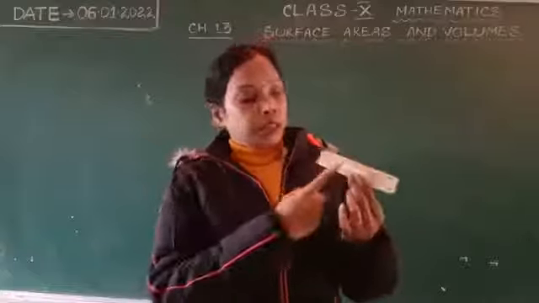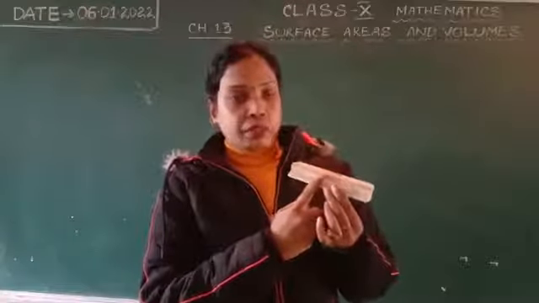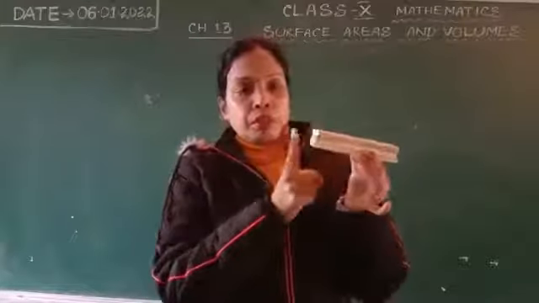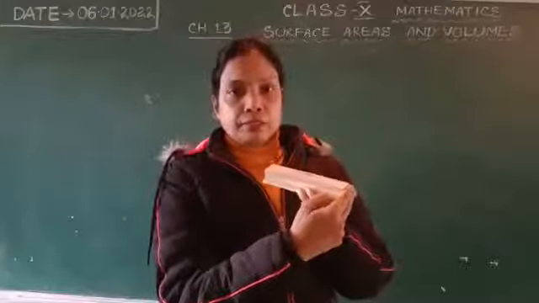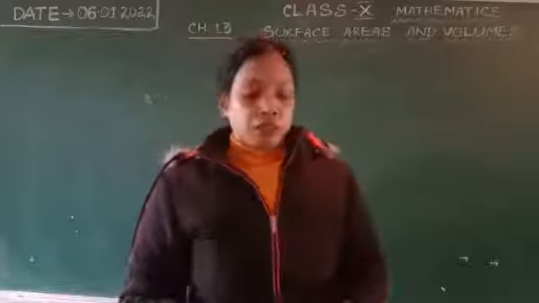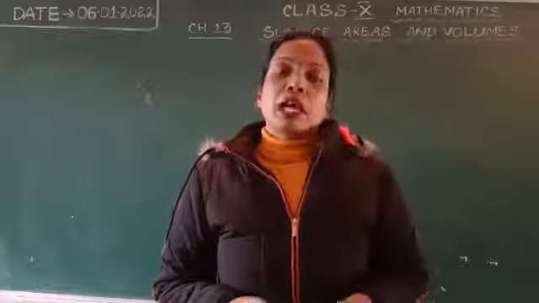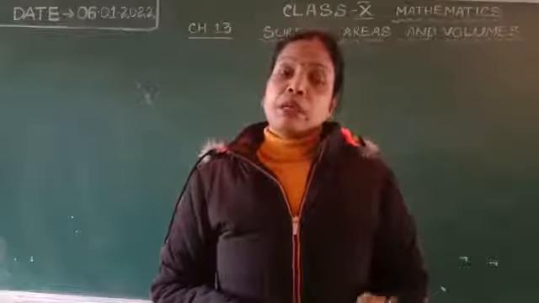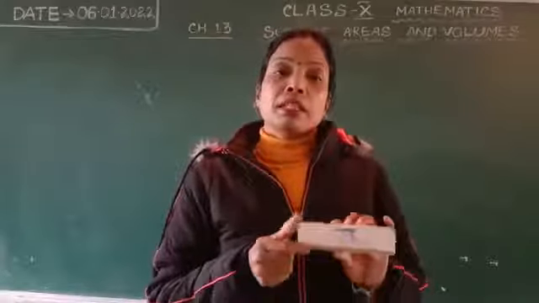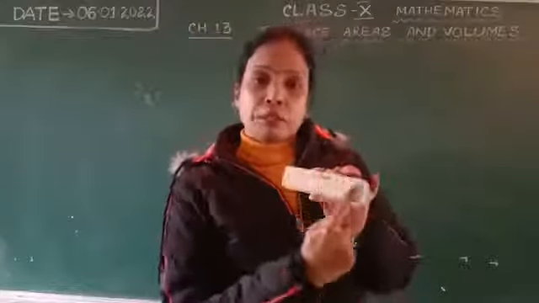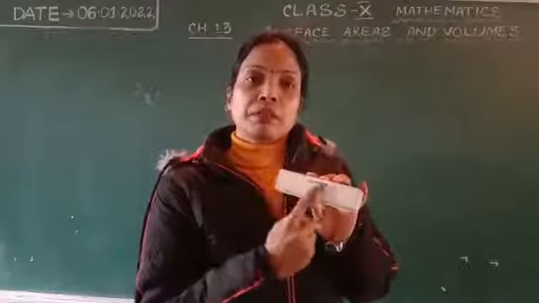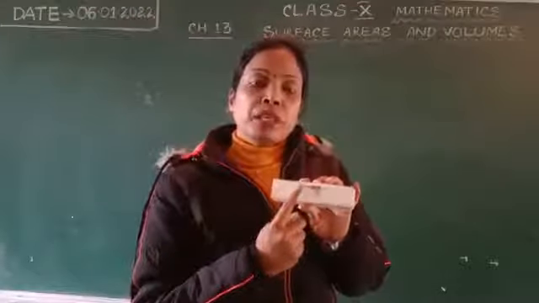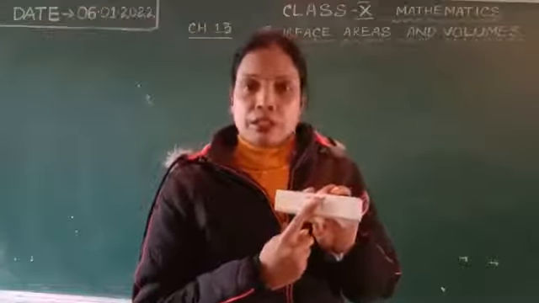Now here you see face number 1, 2, 3, 4, 5 and 6. A cuboid has 6 faces, and each face has length and breadth. That means each face is in the shape of a rectangle.